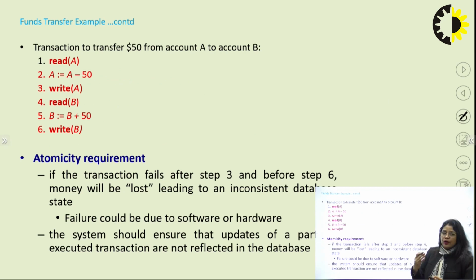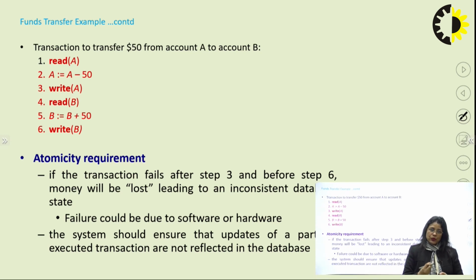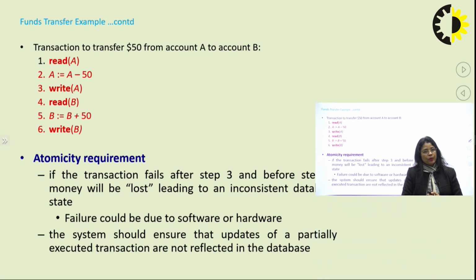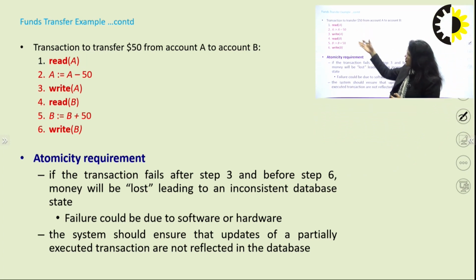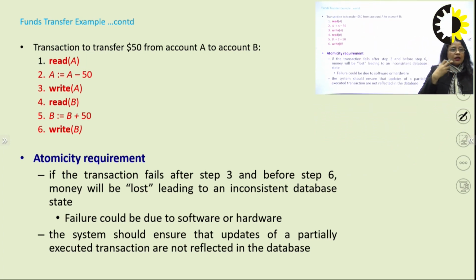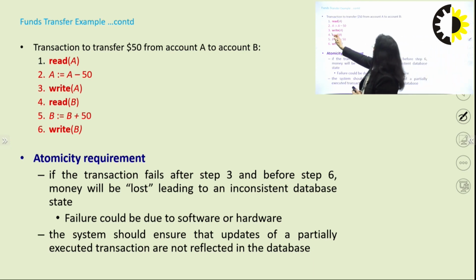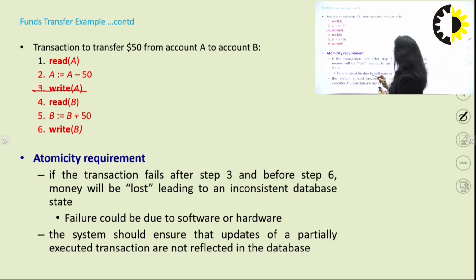Now we will see what the requirements for the transaction are, what the required properties for transactions are. We have seen this transaction where we are transferring $50 from account A to account B. Now what will happen if this transaction fails after this third step and before this sixth step?